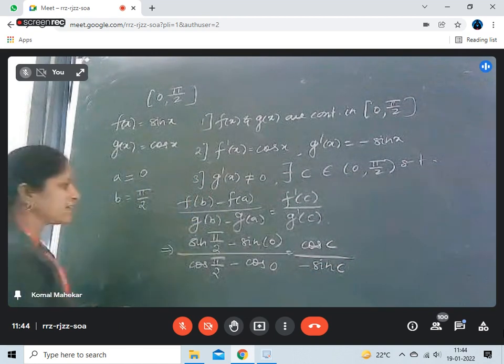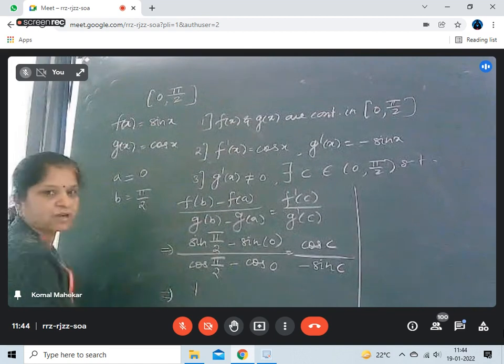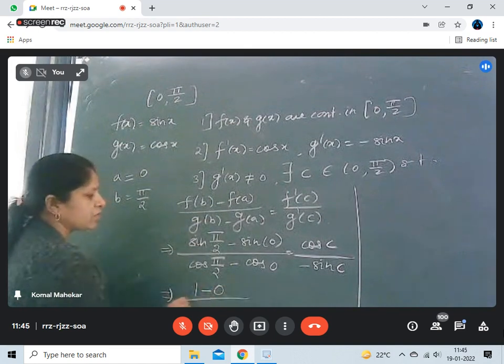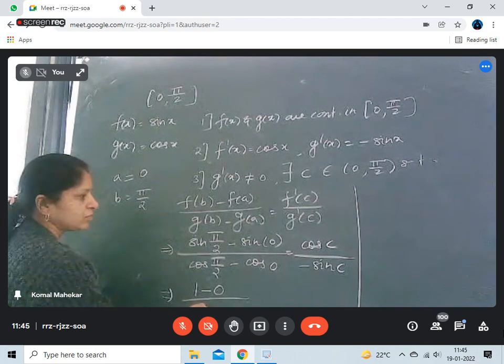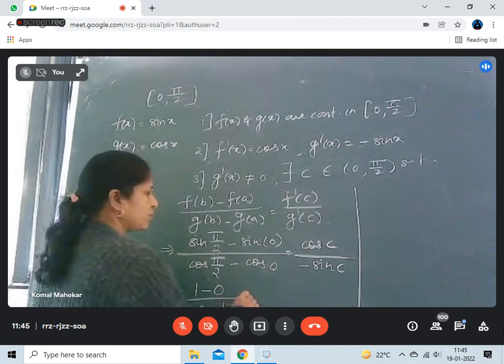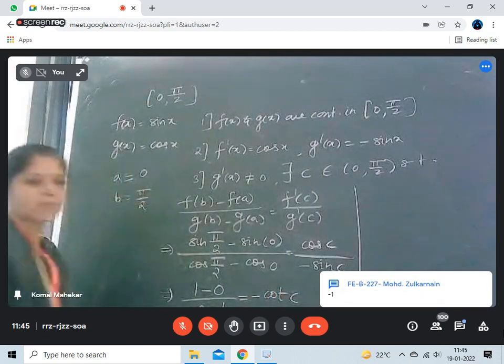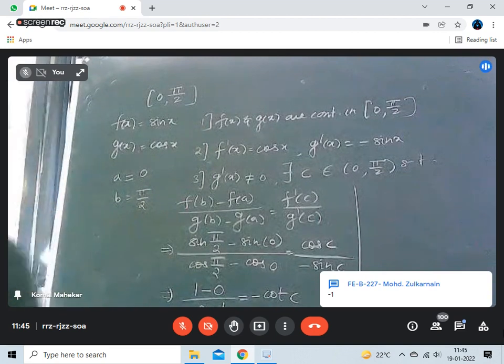Now simplify this by substituting the values. sin pi by 2 is 1, minus sin 0 is 0, cos pi by 2 is 0, minus cos 0 is 1, is equal to minus cos c upon sin c, that is minus cot c. Yes, it is minus 1.